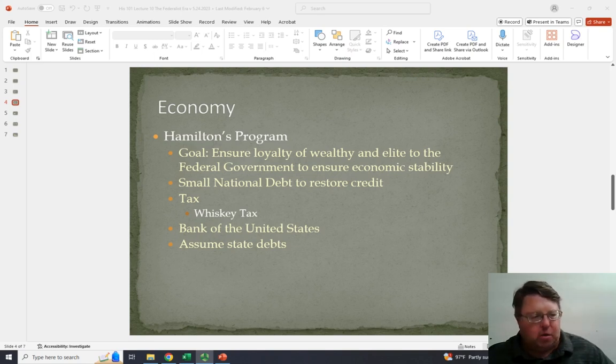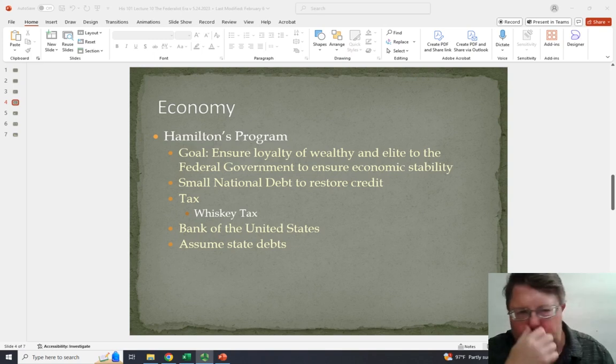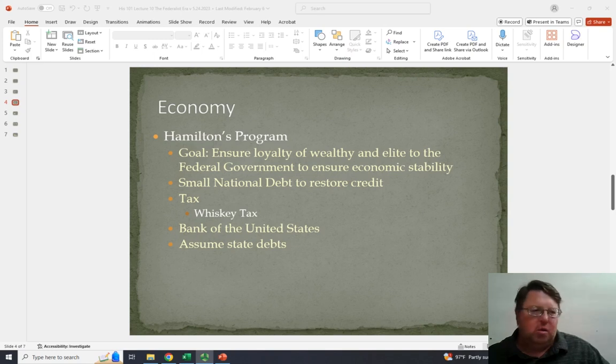Just so you know, that is a radical idea in the 18th century. The prevailing economic opinion is you should not be in debt as a government because you become a slave to your creditors. And so, you don't want to be in debt. So Hamilton's kind of bucking the conventional wisdom of the era.